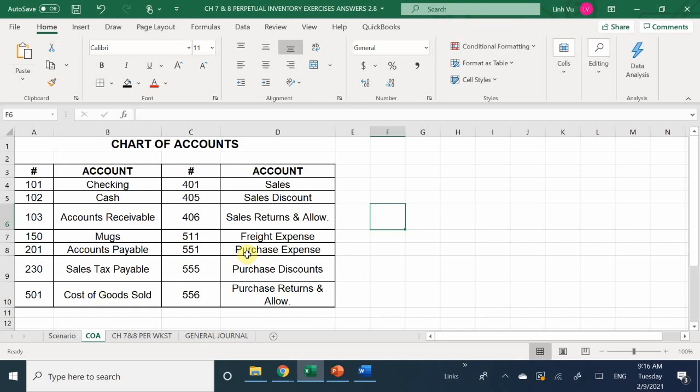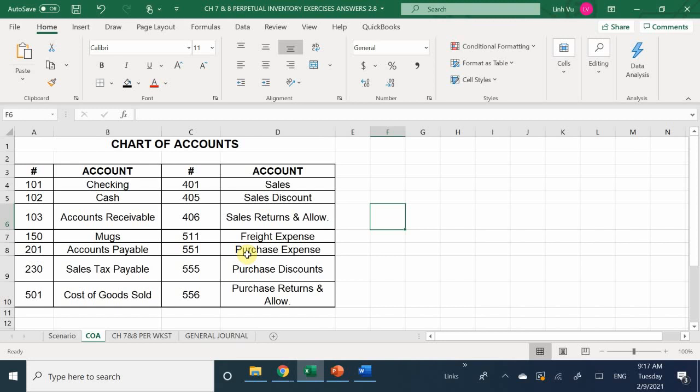Perpetual. So where are all of my purchases? Where are they all at? Inventory. So if I placed everything in inventory, then I need to subtract from my inventory because they're all in inventory.